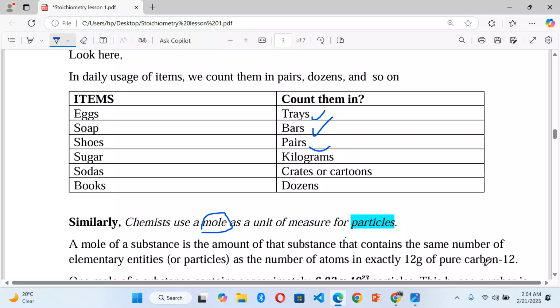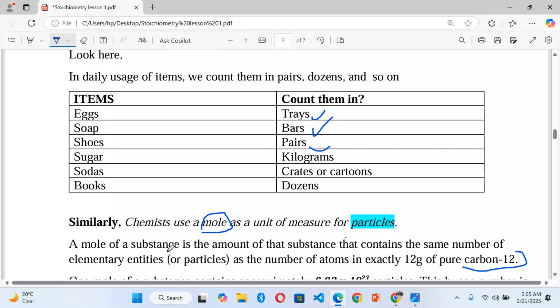So the IUPAC, International Union of Pure and Applied Chemistry, sat down and said, let's always use carbon-12. This is the isotope of carbon which is always used as the base, the one we use for comparing other elements.